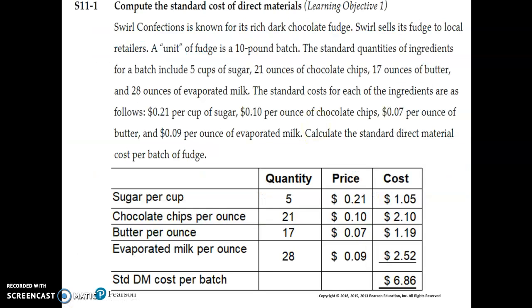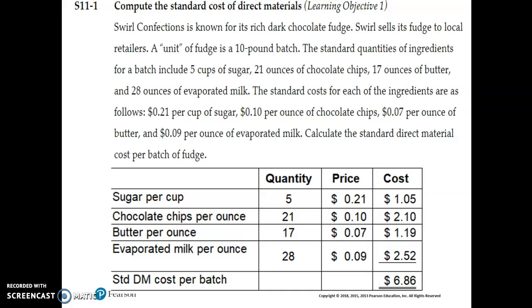And here's problem 1. Swirl Confectioners has rich fudge. They sell the fudge to local retailers. A unit is a 10-pound batch. Standard quantities of ingredients include 5 cups of sugar at 21 cents a cup, 21 ounces of chocolate chips at 10 cents per ounce, and 17 ounces of butter at 7 cents per ounce, which is $1.19.